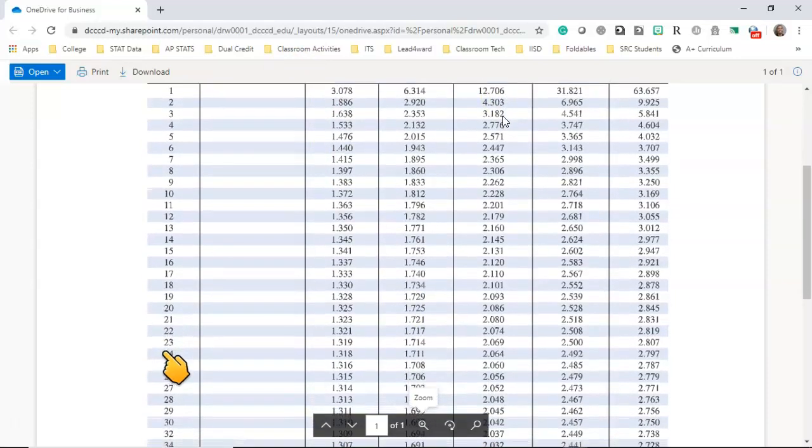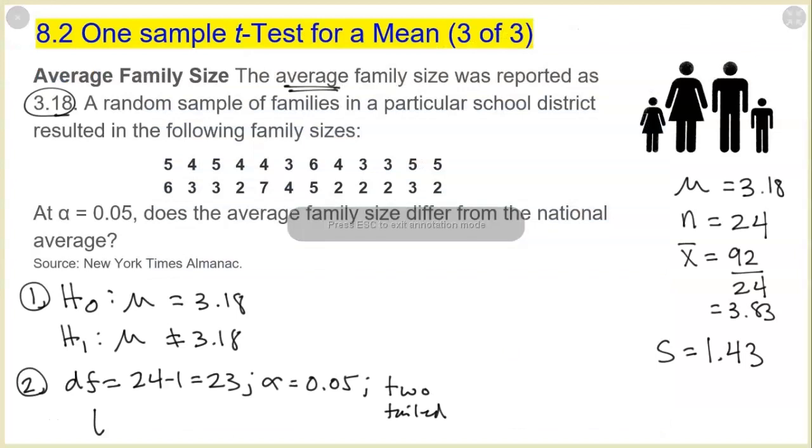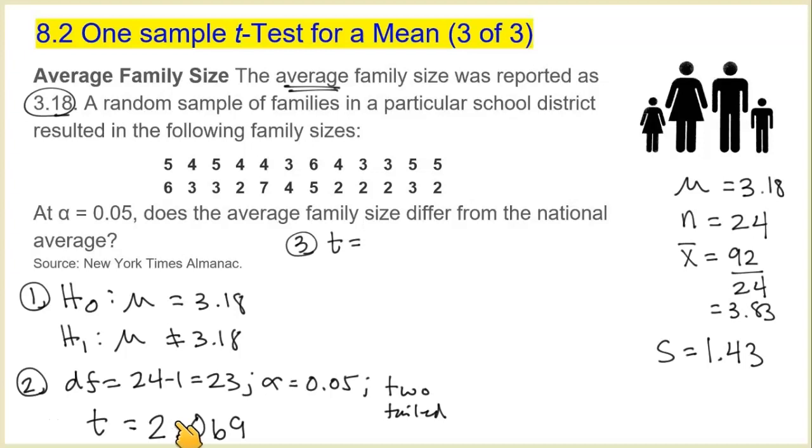So where they meet up will be 2.069. Now, since it's a two-tailed test, that means my critical value is actually plus or minus 2.069. And when we do step 4, I'll show you what I mean.